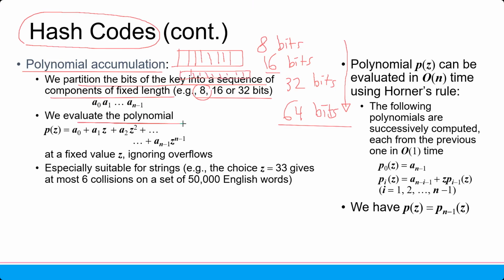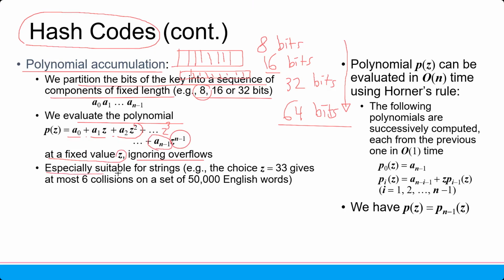So those things we can evaluate based on the polynomial. The polynomial means we have a0 plus a1z plus a2z power of 2 plus a3z power of 3 plus ... plus a(n-1)z^(n-1). So this is at a fixed value of z, ignoring the overflow.